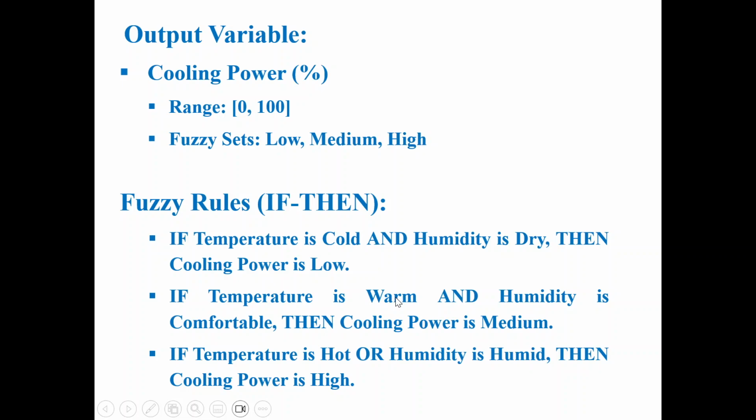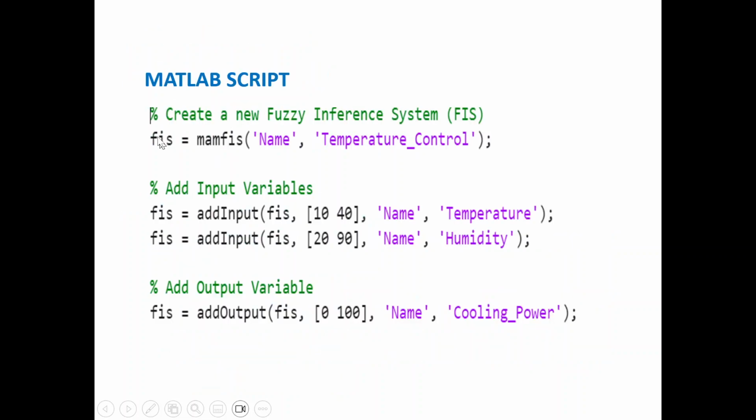Everything that we do here, we are sending it to the location called FIS. This particular command is telling us that we are making use of Mamdani, and the name of the fuzzy inference system we are trying to come up with is temperature control.